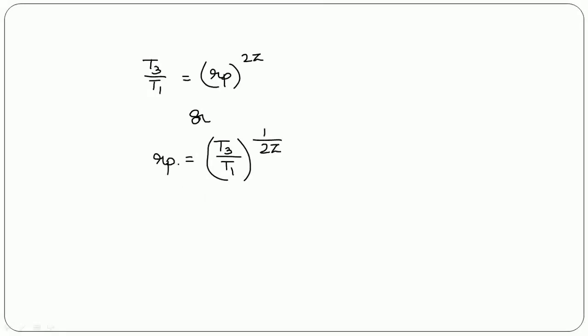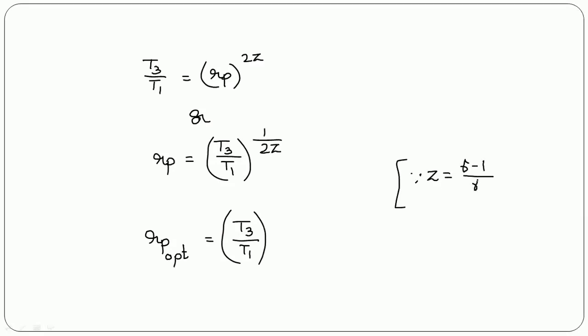See, this pressure ratio that we have got by differentiating work done with the pressure ratio and equating to 0, we call this as the optimum pressure ratio. So optimum pressure ratio is T3 by T1 whole to the power 1 by 2z, where z is gamma minus 1 by gamma.